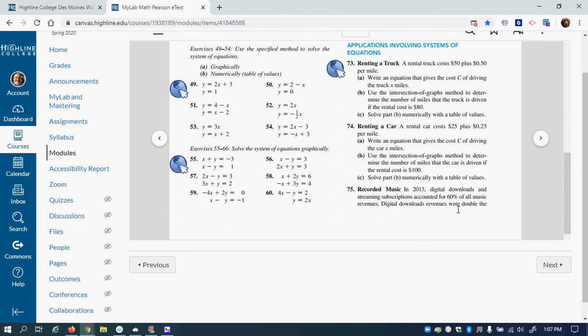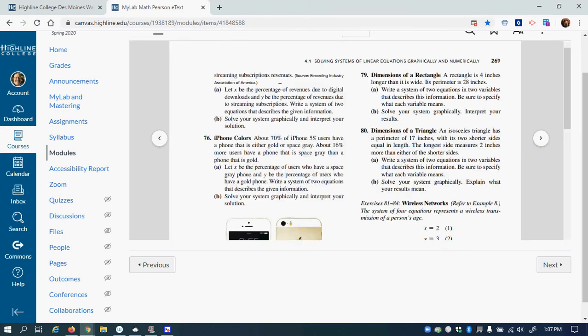Digital downloads revenues were double the streaming subscription revenues. Okay, so A, they want you to let X represent the percentage of revenue for digital downloads, and Y is the percentage of revenue for streaming subscriptions. Write a system of equations, and then B, solve your system and interpret what you find.